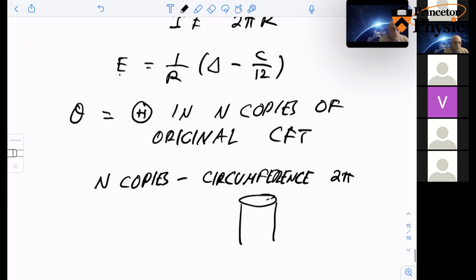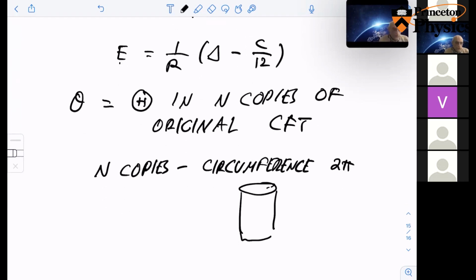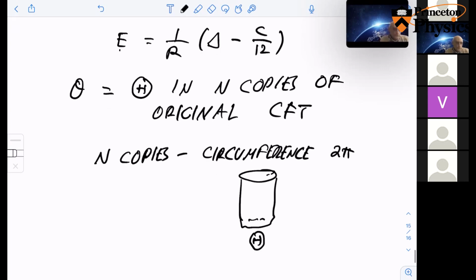I'm just drawing a single cylinder. I'm not going to try to draw n copies of it. But at time minus infinity, we have this operator theta, which permutes the n copies. The n copies are cyclically permuted.